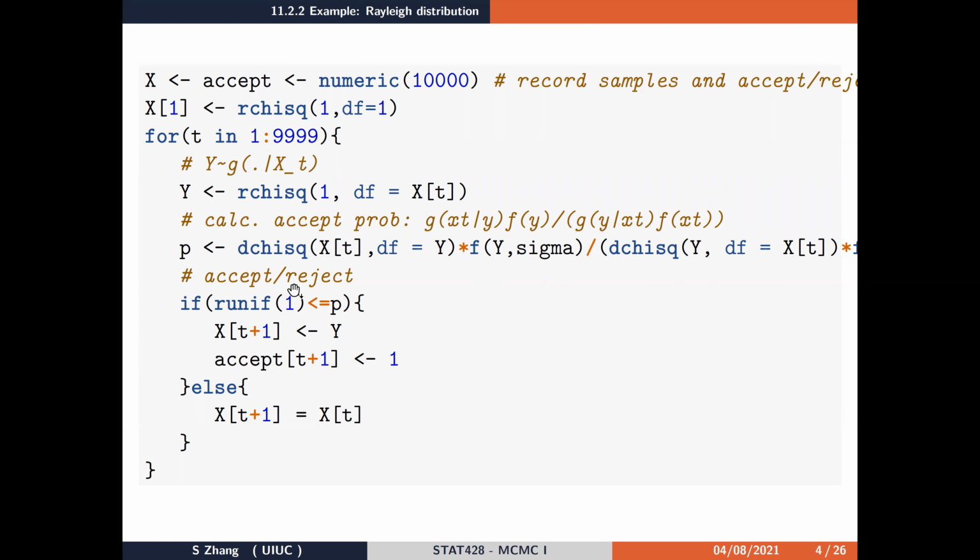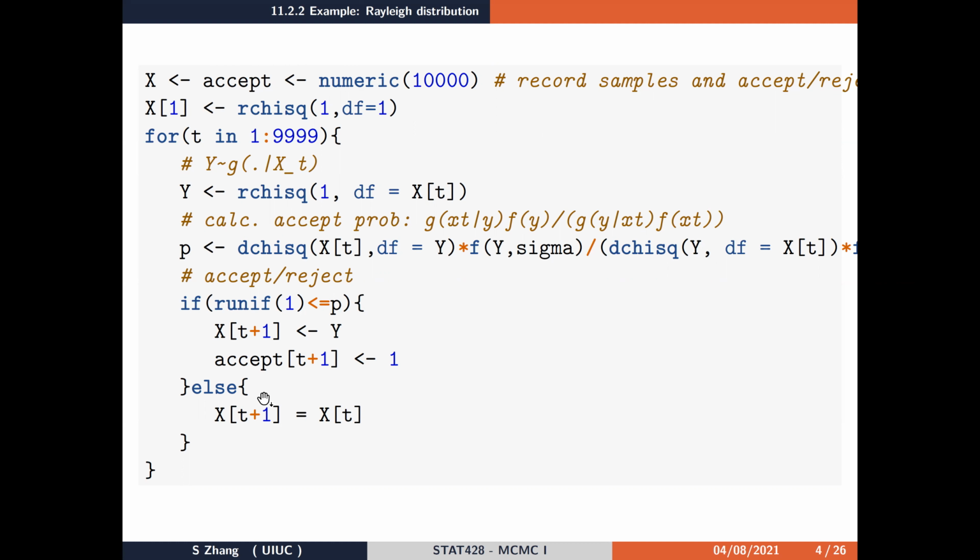If p is greater than or equal to our uniform sample, then we will accept and set the next x, which is xt plus 1, to be equal to this y. We will also set the accept entry, which is the vector of length 10,000 that stores whether at each iteration we accept or reject, to be equal to 1, indicating that we have accepted this particular y sample.